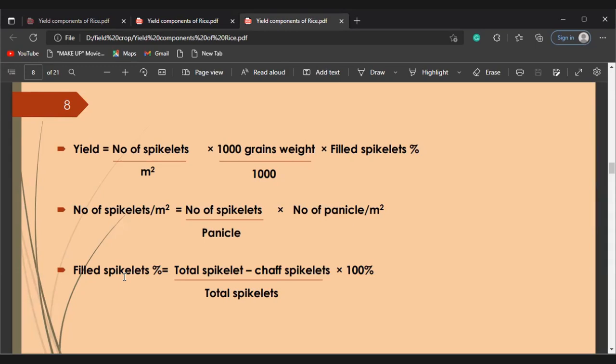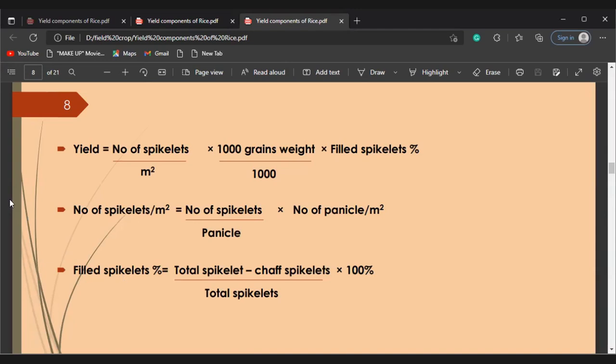For the percentage, that should be multiplied by 100. Okay? Yes or no? Three equations. These are the three important equations to calculate the yield component of rice. Clear? Yes, ma'am.